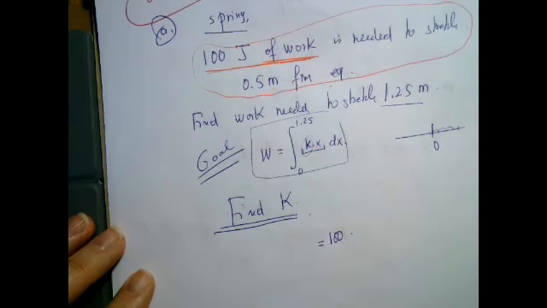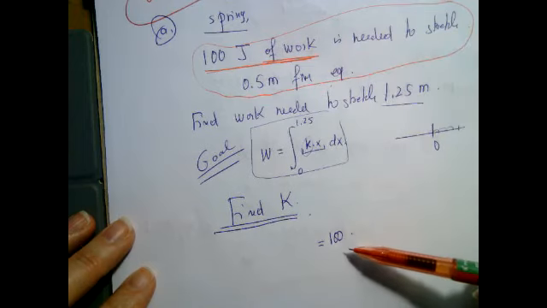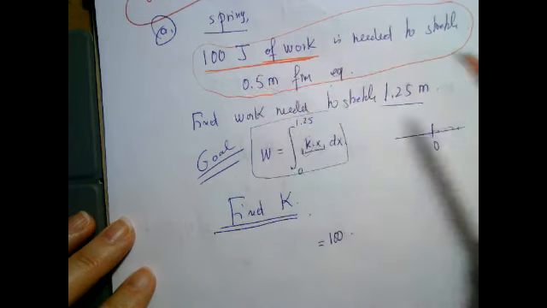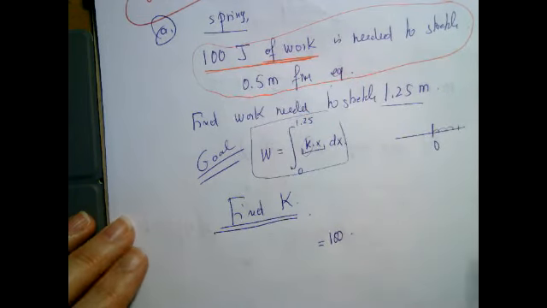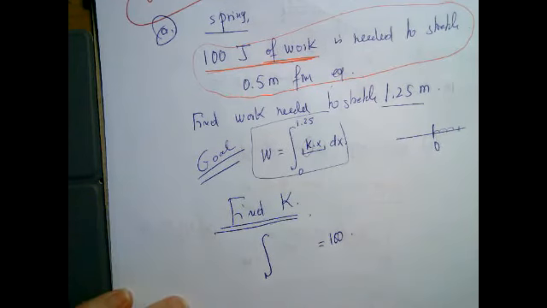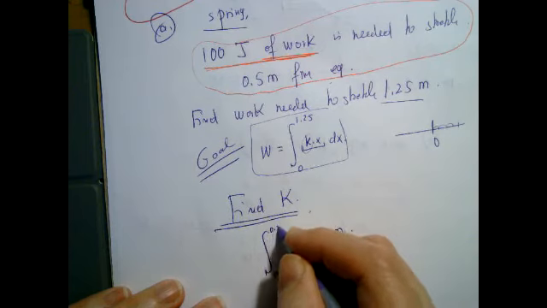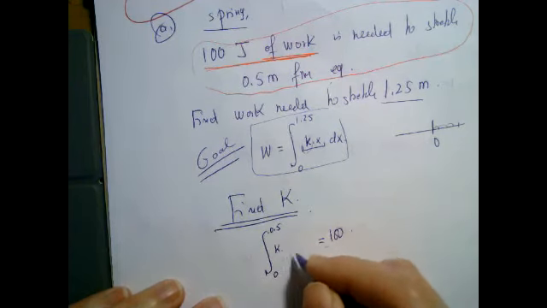Part B is the force, we will do that. So the 100 represents the work needed to stretch 0.5 meter. It means the 100 is the integral, because it's work, from 0 to 0.5 of kx dx.